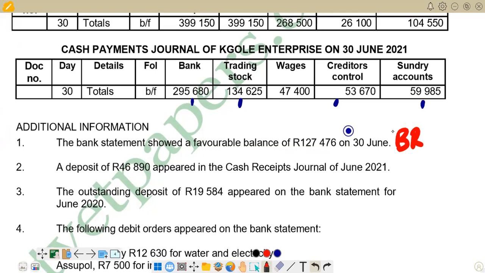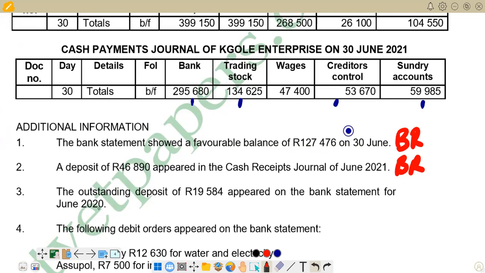Immediately when the money is issued to be deposited, it's recorded in the journals, and then the bank records it later. So we have already recorded this deposit in the journals, but it's not yet recorded in the bank statement, so we are going to adjust it in the bank reconciliation.